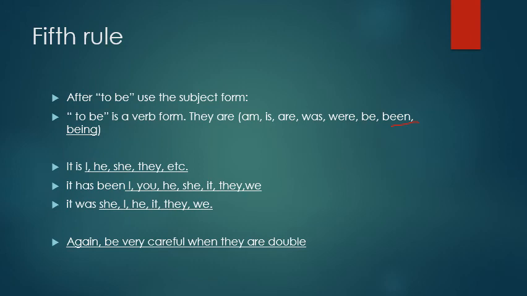It is the verb over here. So it is I. It is he. It is she. It is they. Then it has been I, you, he, she, it, they, we. It was she. It was I. Mommy, it was she. Daddy, it was he. You understand? You don't say it was him. No. It was us. No. Say it was we. Again, be very careful when they are double.